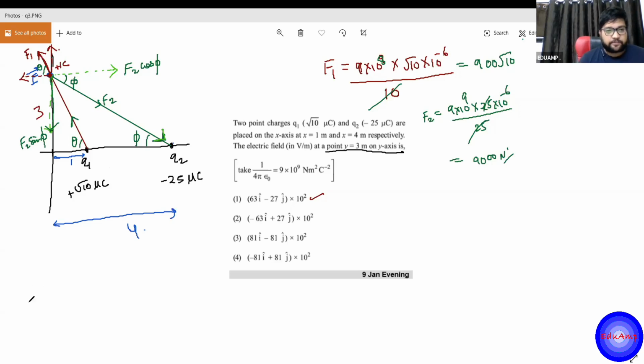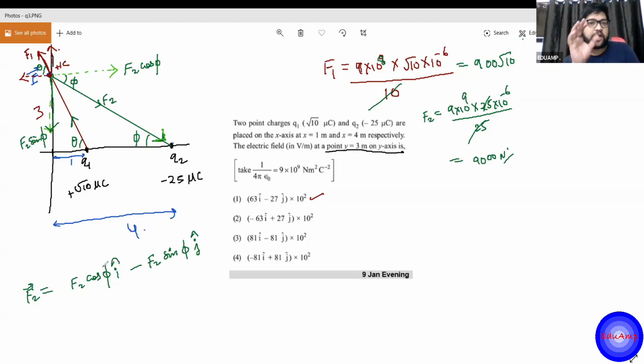F2 vector is F2 cos phi i cap, and the y component is towards the negative y direction, so I will write negative F2 sin phi j cap, because the direction is minus j direction, that means towards the negative y axis, right? Fine. So this is the force vector F2.